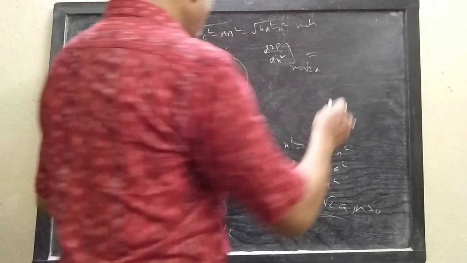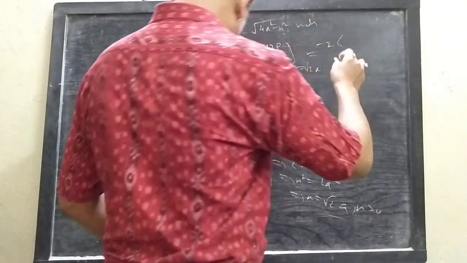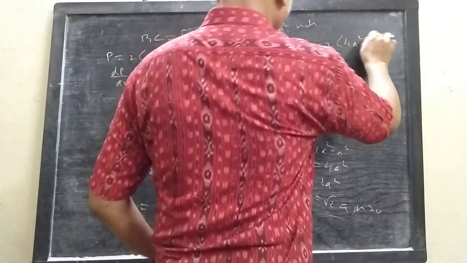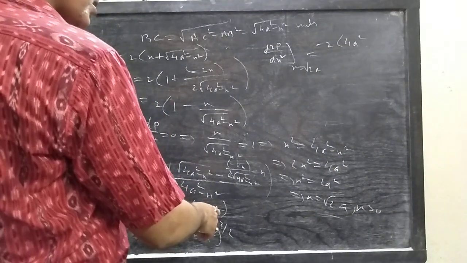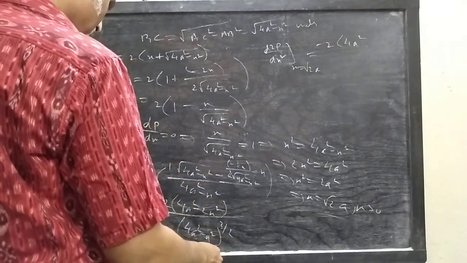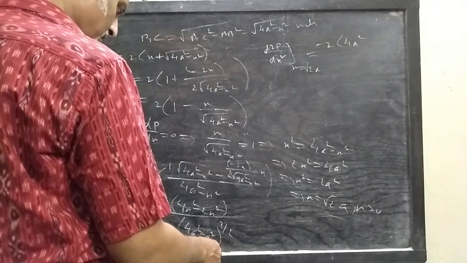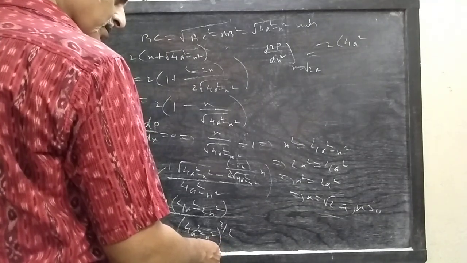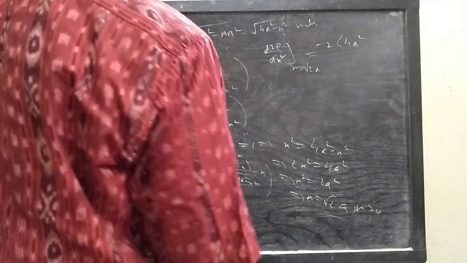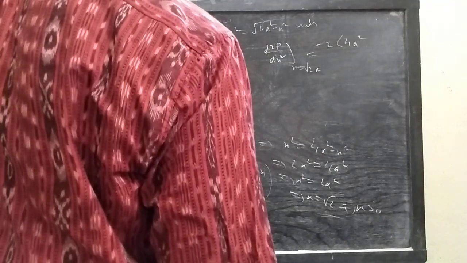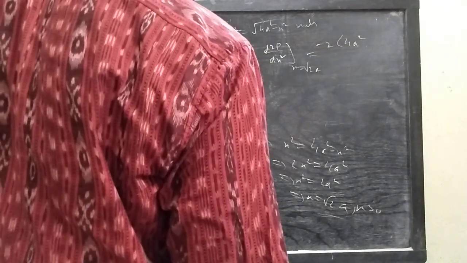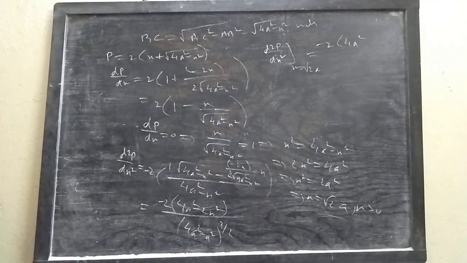So this will be minus 2 into 4a square, then x square is 2a square. There's a mistake.